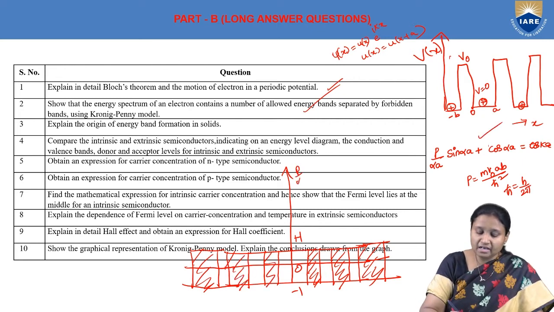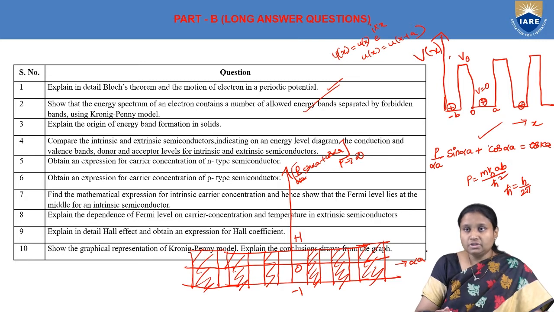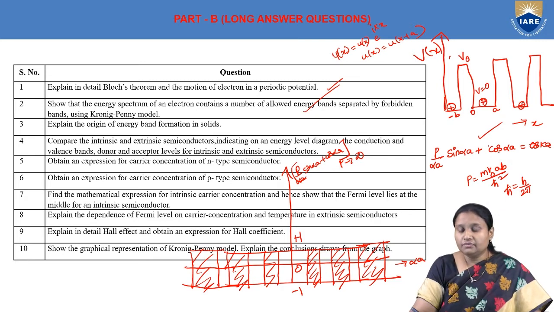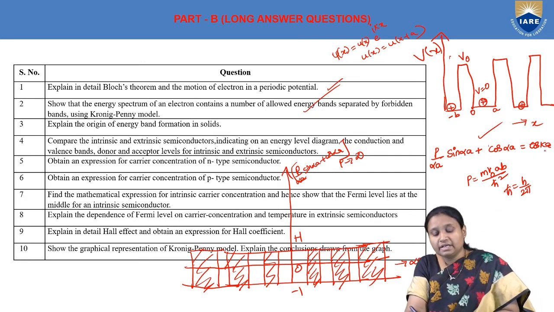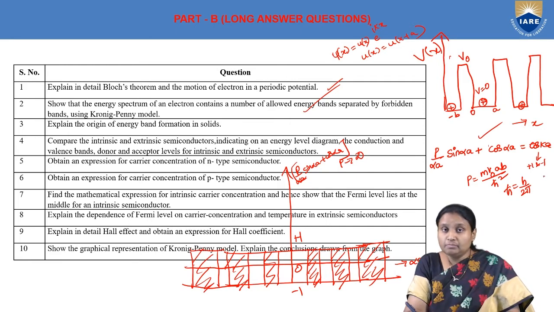That is P by alpha a sin alpha a plus cos alpha a, and I'll assume my P value to be infinity. On the x-axis we take alpha a. On the right hand side we have a cos value, which is bounded between plus 1 and minus 1, so automatically the left hand side should also be bounded between plus 1 and minus 1.